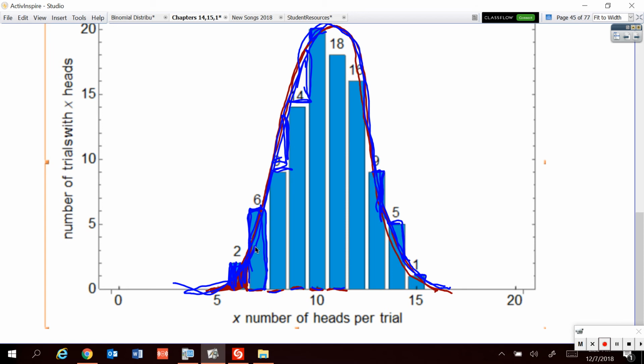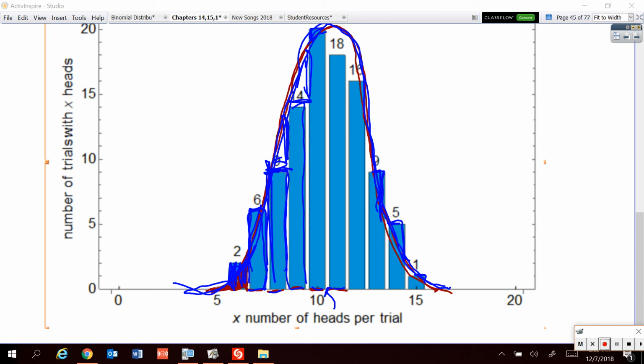I'm most interested in why I have different bars that even have a blank in between them, and so on. Let's see if you can answer that. Go. Let's have a little discussion here. These bars do not represent everybody's different trials.